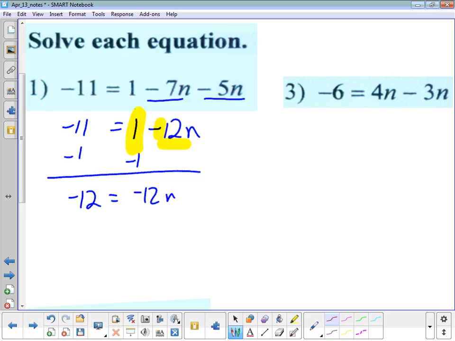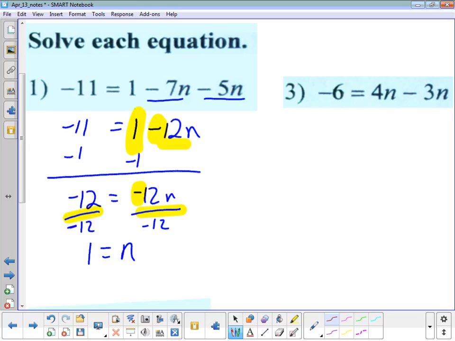Notice this negative sign in front of the 12, I still have it down here. I want to make sure I keep track of those negatives. So I have negative 12 times n equaling negative 12. I've got to get rid of the negative 12, so I'm going to divide both sides by negative 12, and I get 1 equals n.